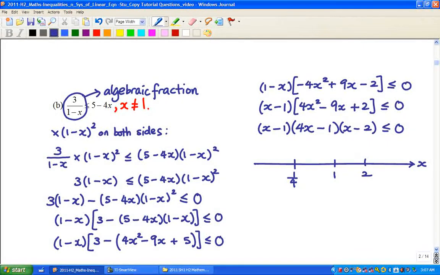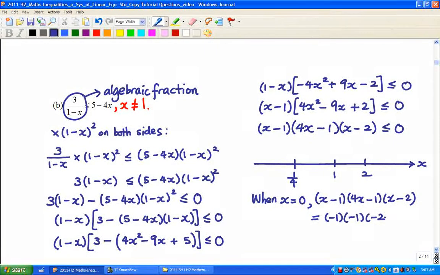For example, when x equals to 0, the expression would be equals to -2, which is smaller than 0. From here, we will be able to deduce the sign of the expression on each of the intervals of values of x, respectively.